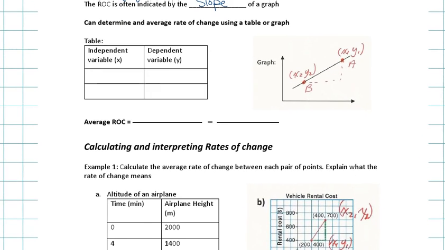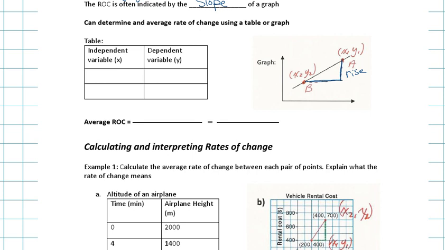So if you have a graph and you want to find your slope, you have to find 2 points on the line and locate your rise. See how much the line is rising, locate your run, and find the rise over run, which is your slope.